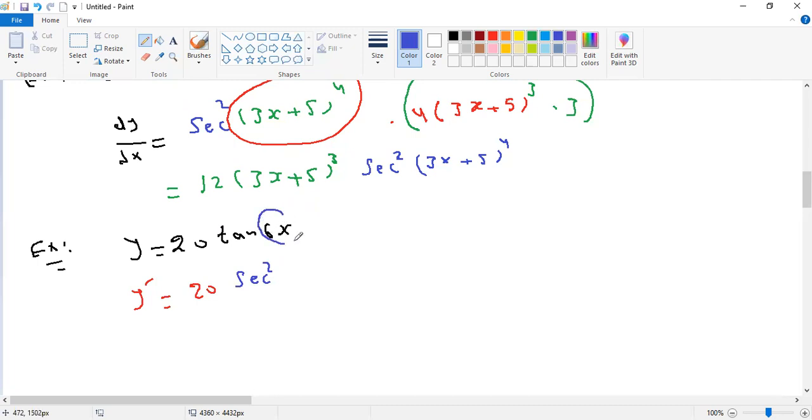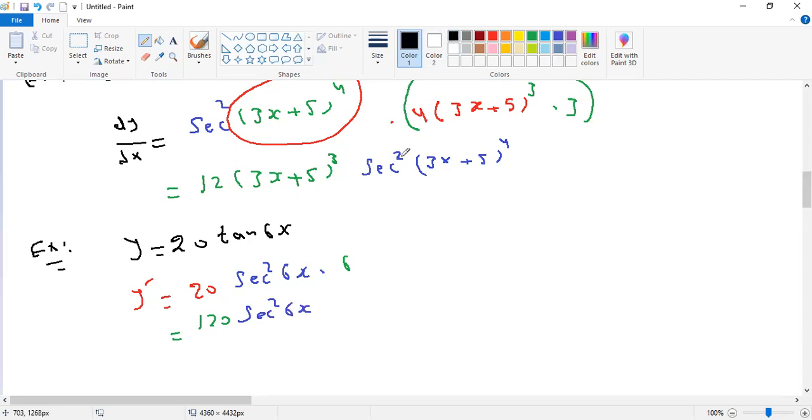The u is 6x. So secant squared 6x, times the derivative of u, where the derivative of 6x is 6, multiplied by 6. Now this is the answer: 6 times 20 is 120 secant squared 6x. This is the answer.